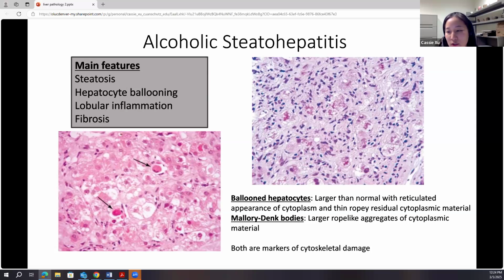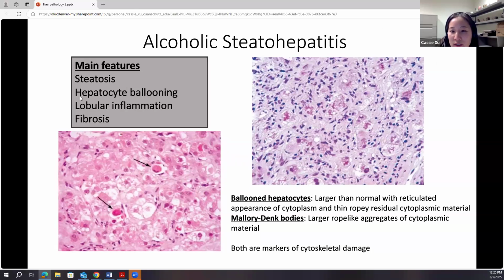Usually it's a combination of these 4 factors. Definitely I want to see steatosis. If I see hepatocyte ballooning but I don't see fibrosis, I'll still call it steatohepatitis. Or if I see steatosis, lobular inflammation, and fibrosis, especially this chicken wire fibrosis that I was discussing, then I'll call it steatohepatitis. So there is some variation among pathologists in what they'll definitively call steatohepatitis.